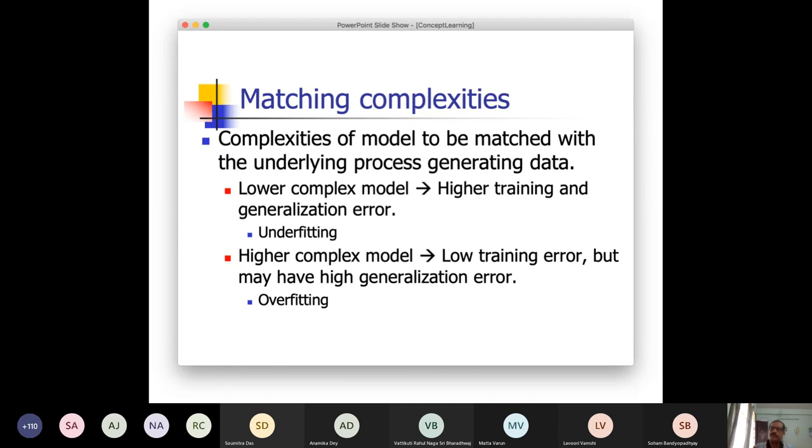By looking at the combination of these two errors, you are trying to understand how good and how appropriate your model is. If you can keep both training error and generalization error low, then you are good enough. You say, okay, my modeling is good. By looking at them, you can tell, right?